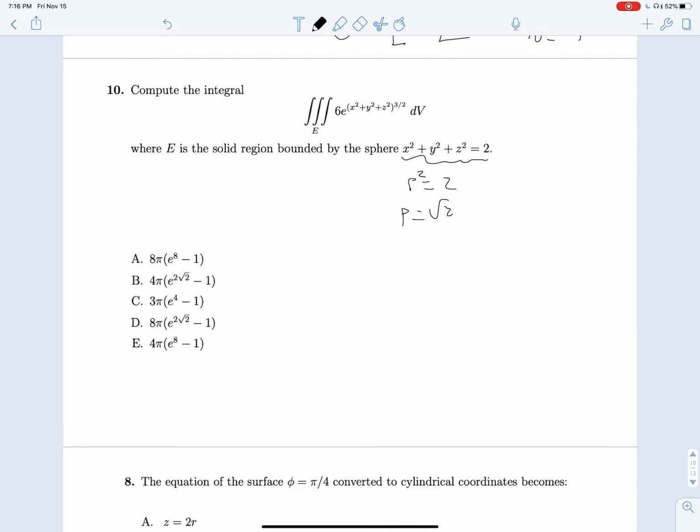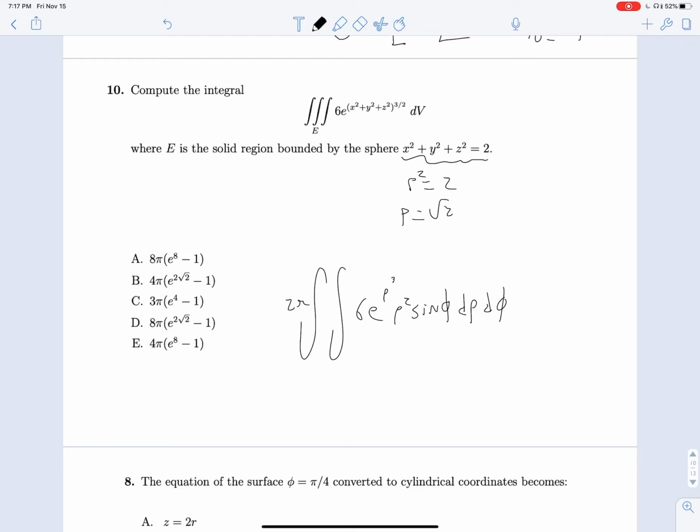So setting this integral up, it's going to be the integral 6e to the rho squared to the 3/2, which is going to simplify down to rho cubed. And then we need to add in what we always have for these spherical integrals, which is rho squared sine phi d rho d phi, and we're not dependent on theta, so 2 pi on the outside.